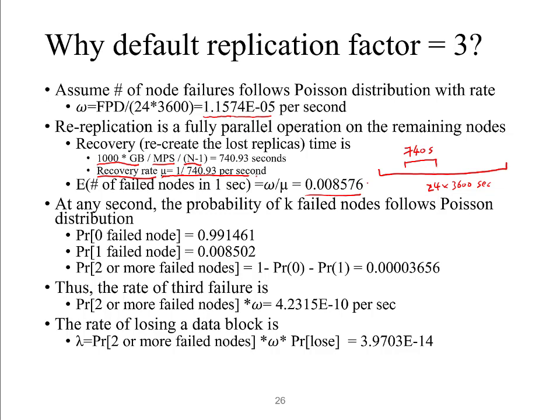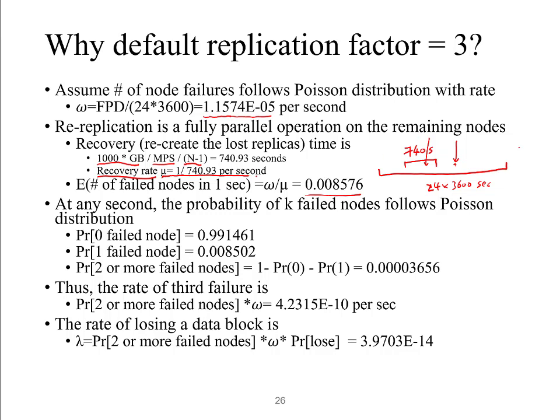Then if we randomly take 1 second from this interval, when this second falls into the recovery interval, then there is a failed node. But if the second we take is outside the recovery time, then there is no failed node.